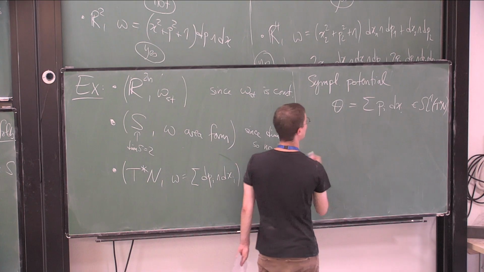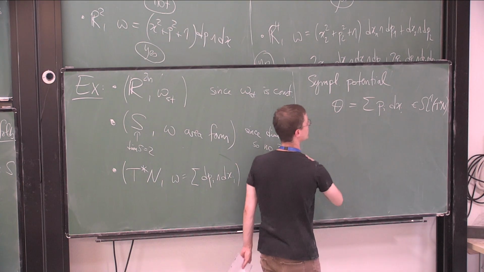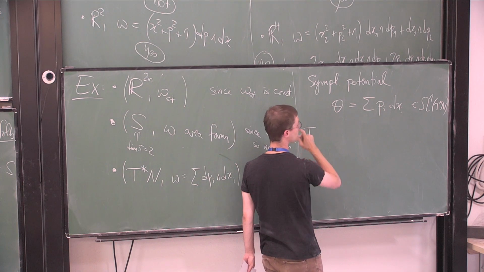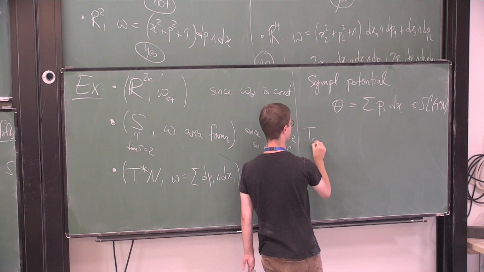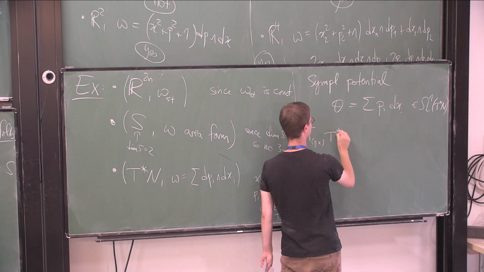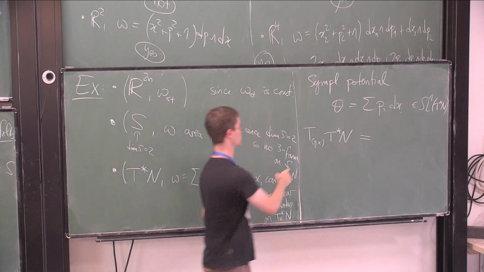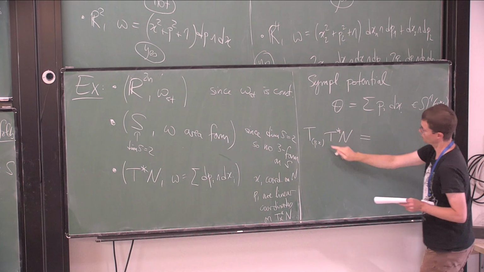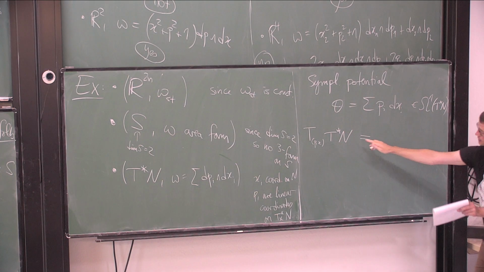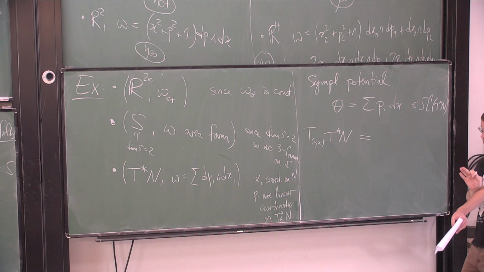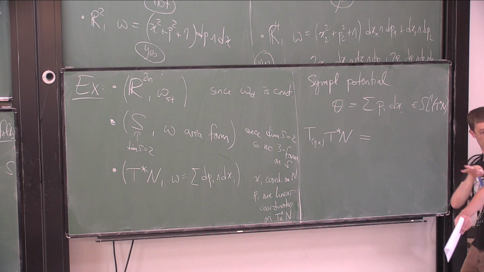So what you have to understand here is the following. What is actually the tangent space at a certain point, T_x, of T star n? It's not difficult to show that, since you already have a linear direction, n is curved, but its cotangent direction is a linear subspace.